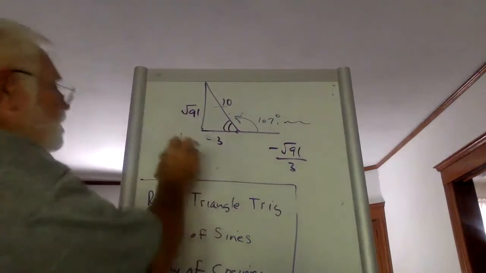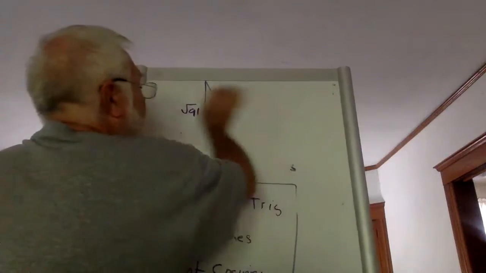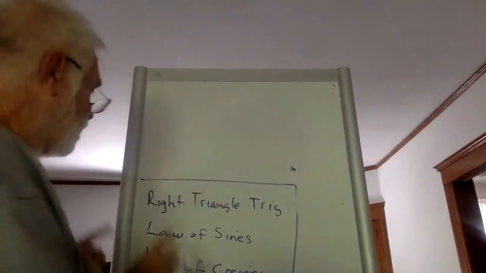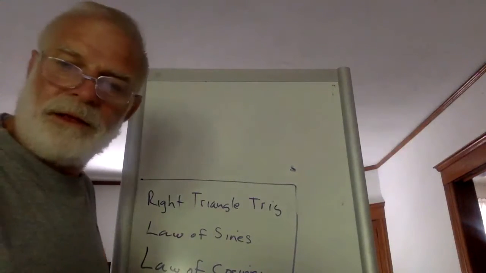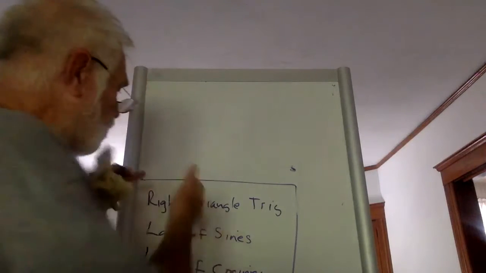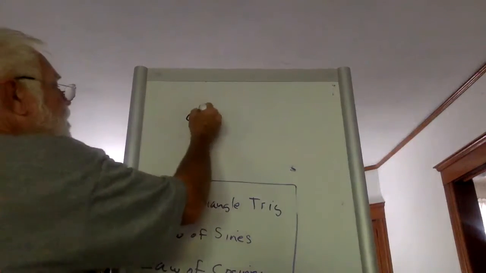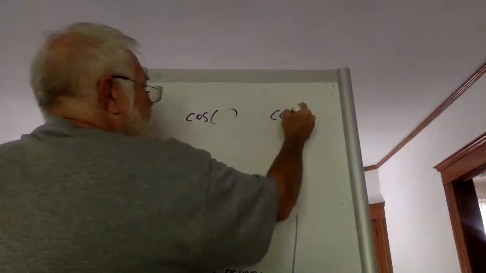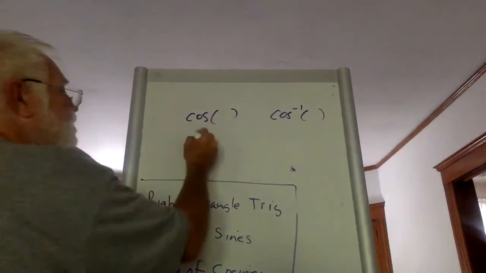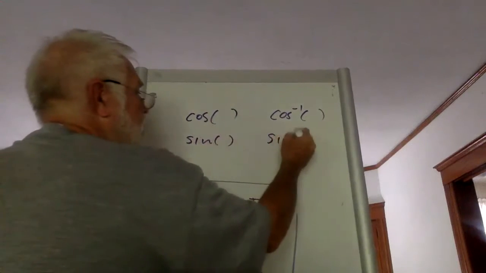All right, now we're going to solve triangles. Solving triangles means finding all the angles and all the side lengths. We've touched on right triangle trig for a while. So there's 6 possible ways of solving triangles using right triangle trig, which is using either cosine language or cosine inverse language. There's law of sines, which is either using sine language or inverse sine language.